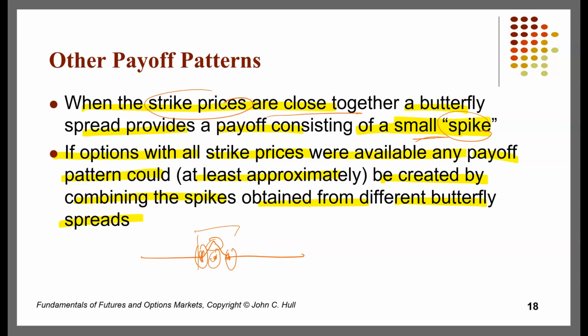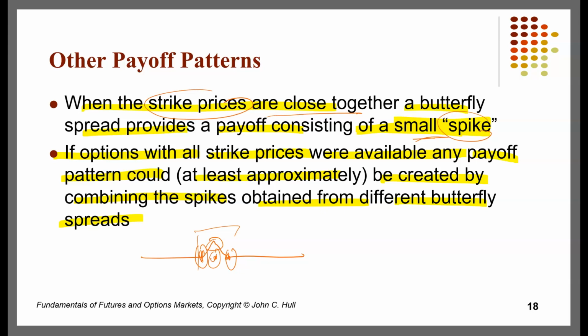And we looked at strategies where we use one class of option, say two calls or two puts. I refer to those as spreads. So we had the bull spread using calls, the bull spread using puts, the bear spread using calls, the bear spread using puts, and we created a box spread, which was a combination of a bull spread using calls and a bear spread using puts.